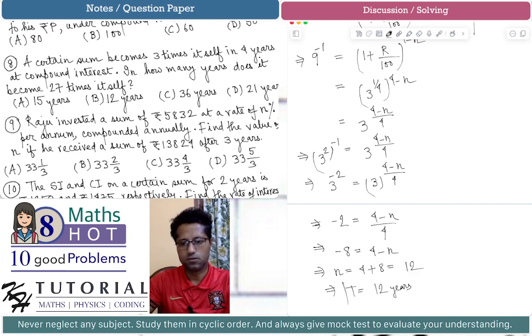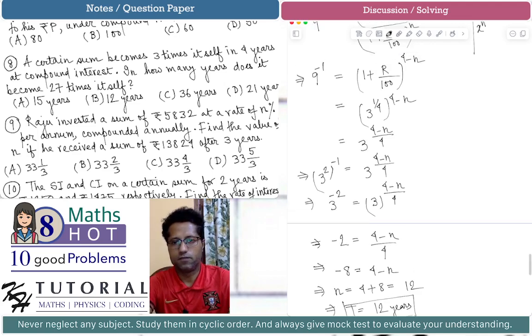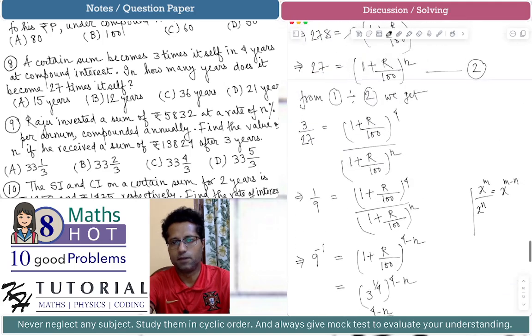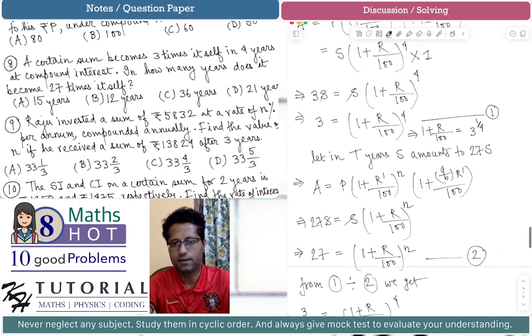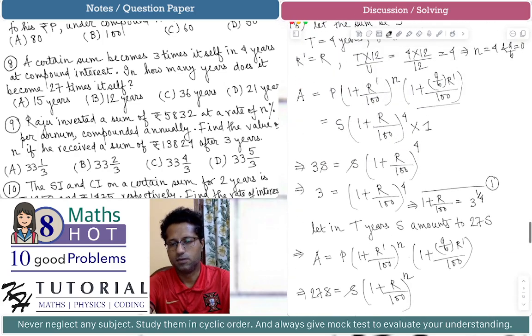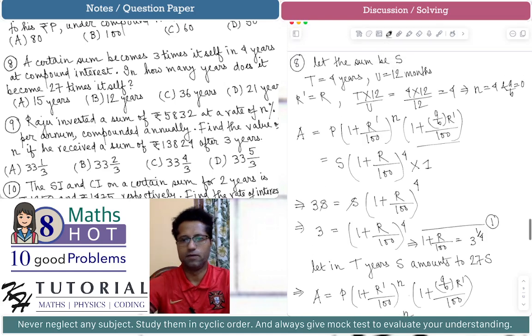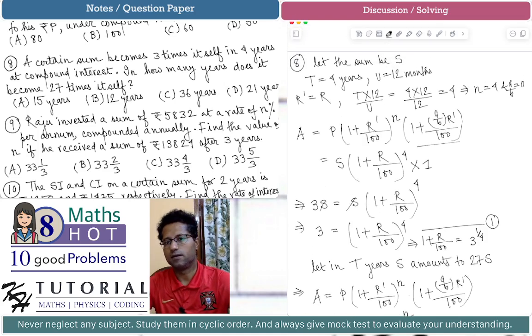T is equal to 12 years, because from the value of t multiplied by u, t multiplied by 12 divided by u, we get the result in the mixed form n and a by b, and we have already found that.